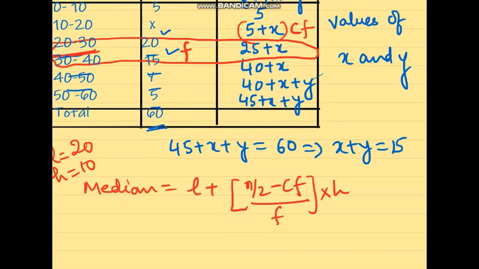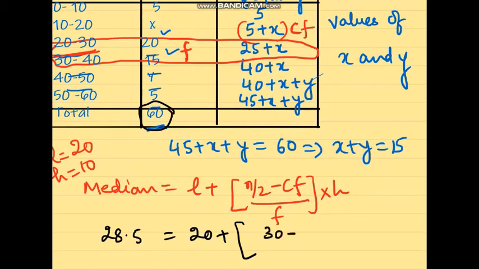Median is 28.5, we know, so let us put the value of the median as 28.5. L is equal to 20, plus n by 2. n by 2 is nothing but total frequency divided by 2, so that will be 60 by 2, which is 30.